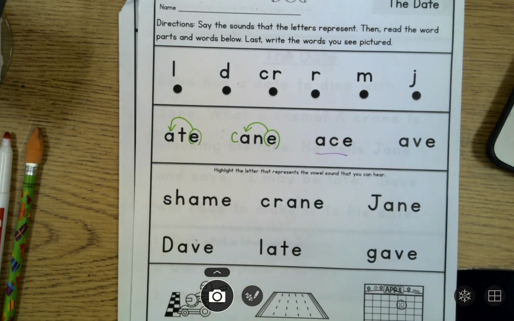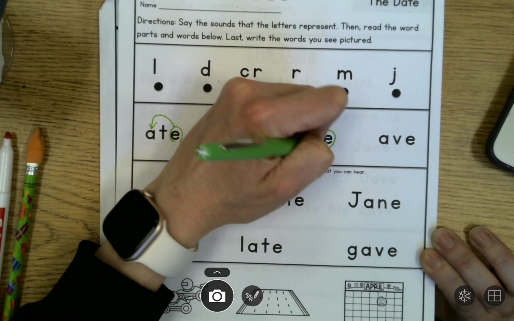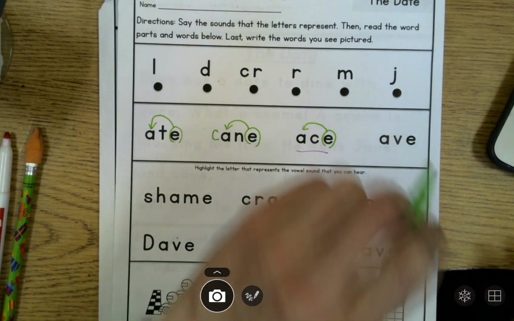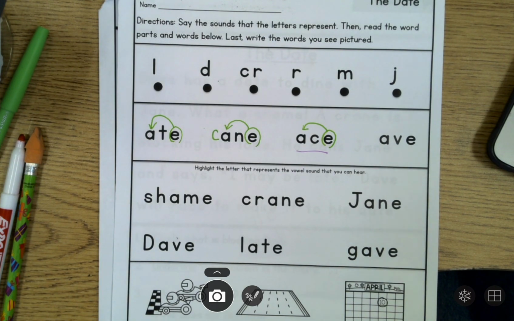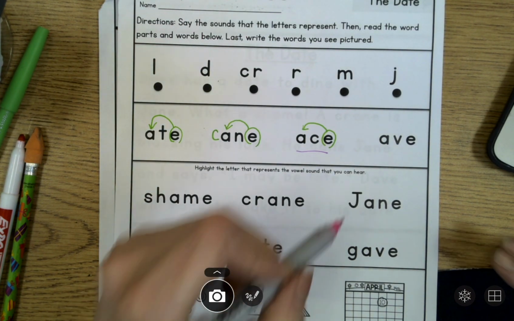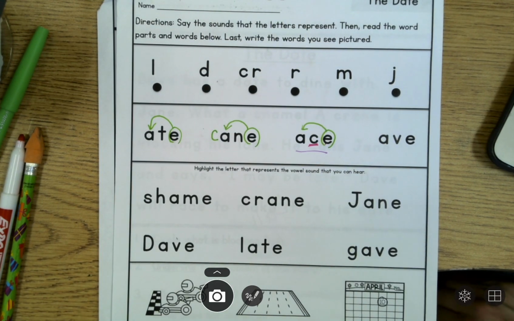Oh, this is a good one. A-C-E. Again, we have our magic E. It's going to tell the A to say its name. But we also have something special. So when an E comes after a C, the C becomes a snake and makes an S sound.